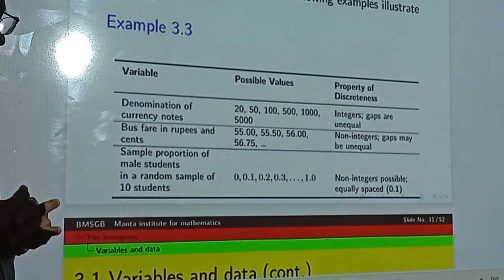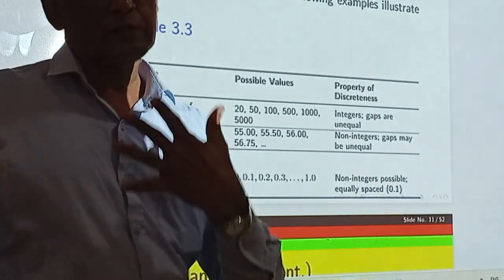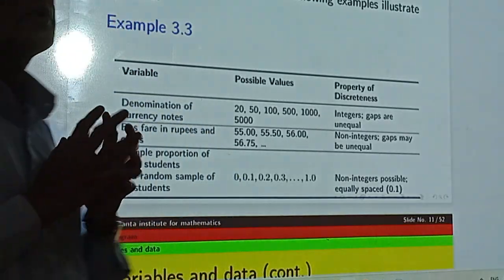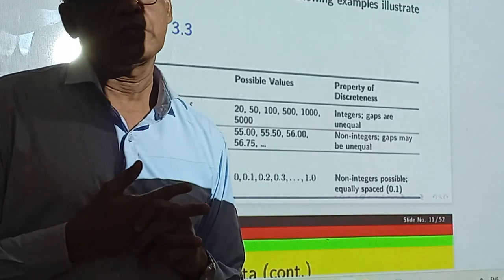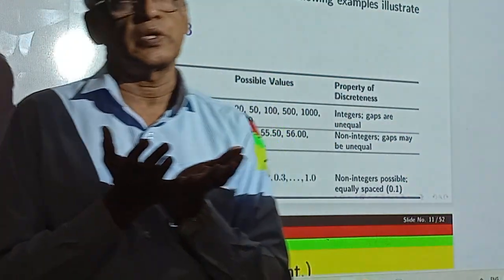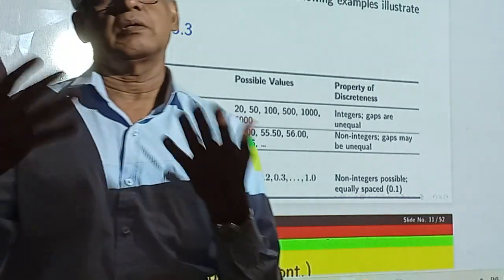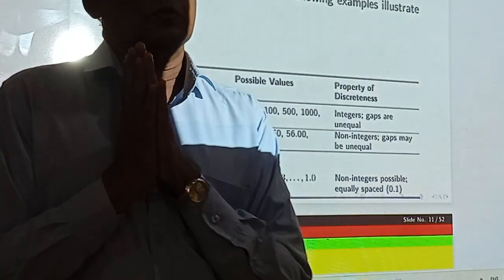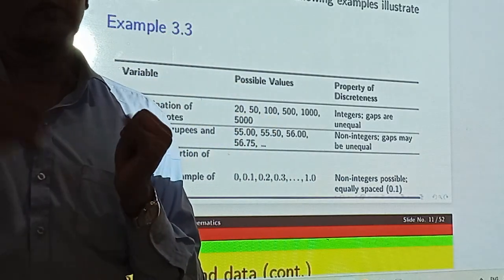And if you define a mathematical variable like the proportion of male students in a sample, right? If you randomly select a sample of students, say 10 students, then you find out the proportion of male students. The number of male students can be 0, 1, 2, 3 up to 10.